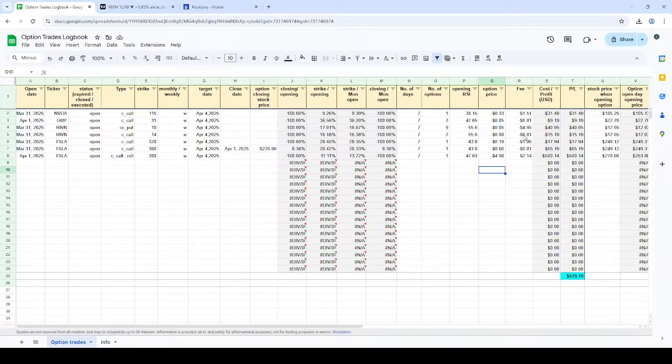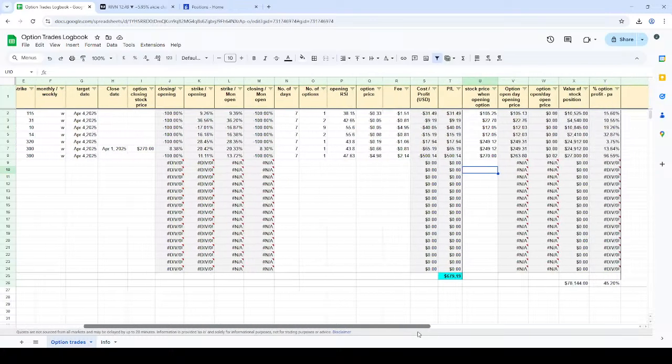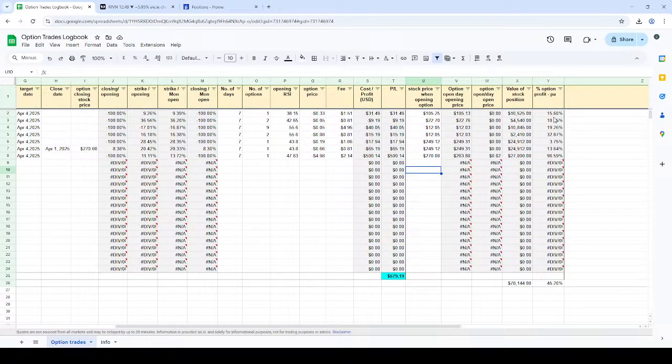I look at the fees as well, and I calculate, and this is important, what is the percentage profit per year.